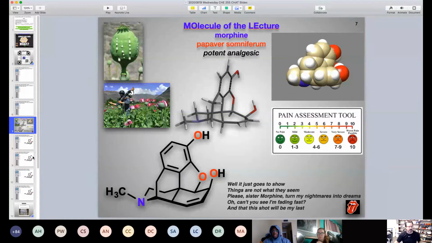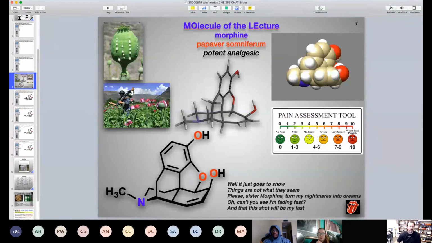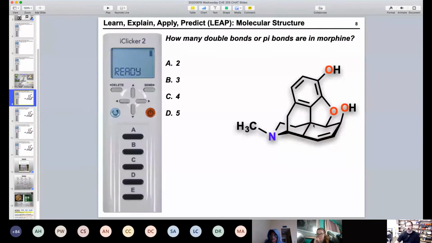And so we have a couple more questions, again, regarding the molecule, and the structure is now on the slide here. So in the chat box, how many double bonds, also known as pi bonds, are in the structure of morphine?